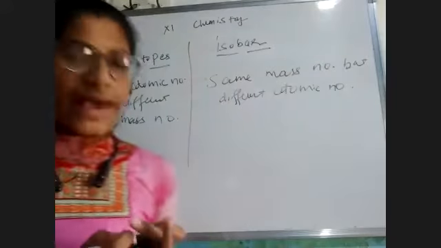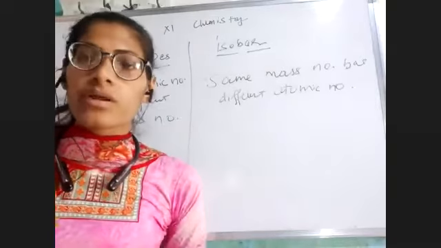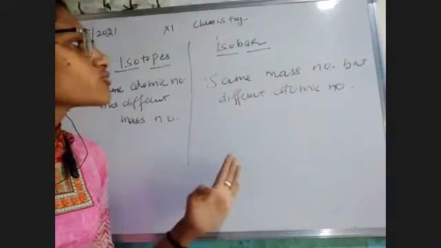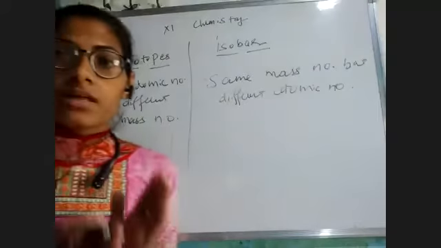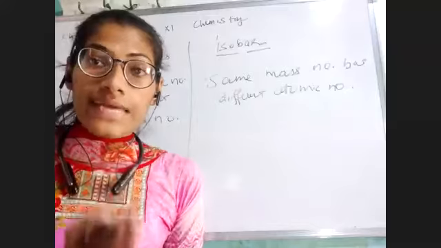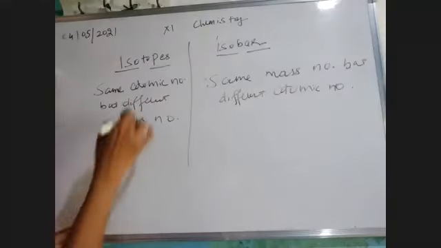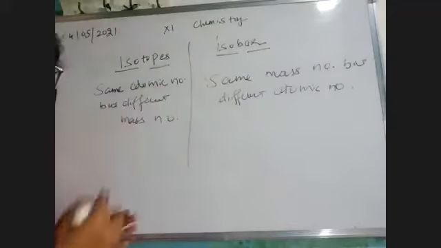All right, students, now you should have a query, because I have a query right now. Tell me something. If we are talking about isobars and isotopes, which should explain the same atoms? Isotopes tell you that there should be the same atomic number.